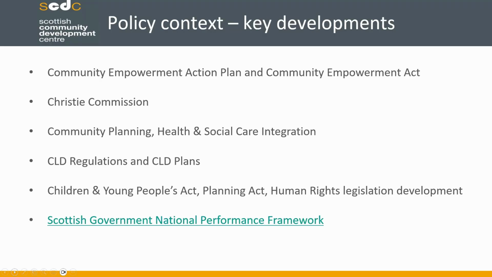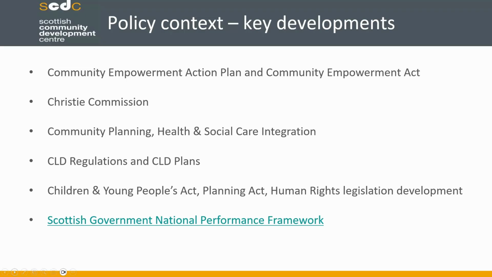We've got community learning and development regulations and community learning and development plans, which are so much about involving our communities in the things that matter to them locally and making our communities stronger and more vibrant. There are also things in the Children and Young People's Act, and the United Nations Convention on the Rights of the Child, which embeds the right to participation, now enshrined in law, for our children and young people as well.